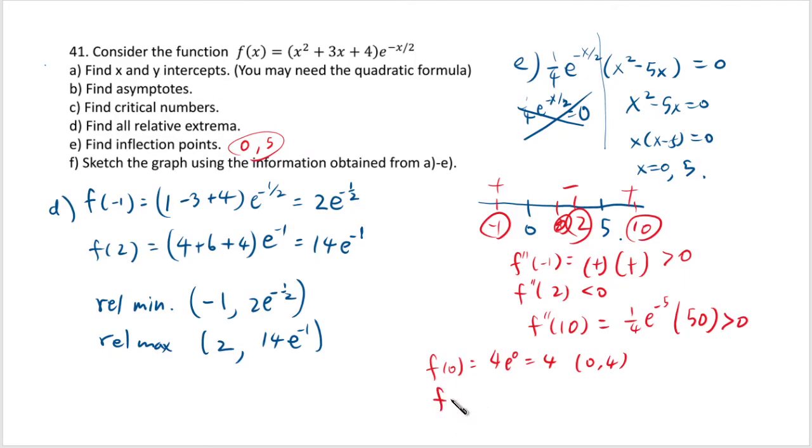And then f of 5 gives you what? 5 squared is 25, minus 15, so it's 10 times 4, 40, e to the negative 5 over 2. So that gives you (5, 40 e to the negative 5 over 2). And these are the inflection points: (0, 4) and (5, 40 e to the negative 5 over 2).